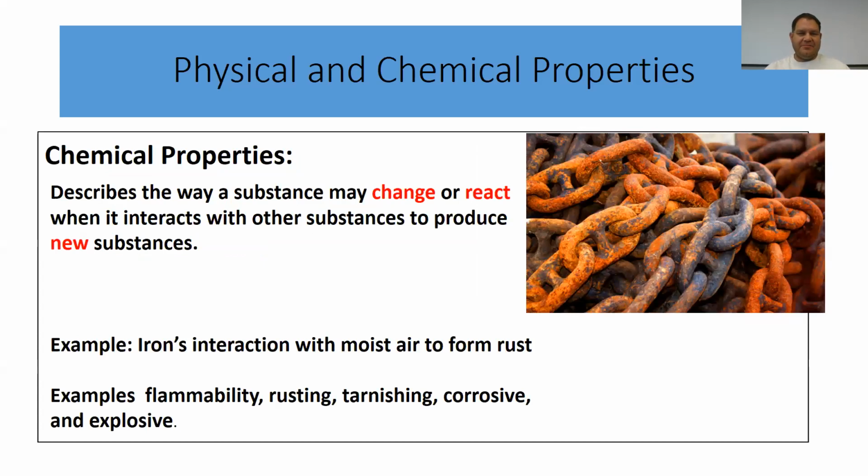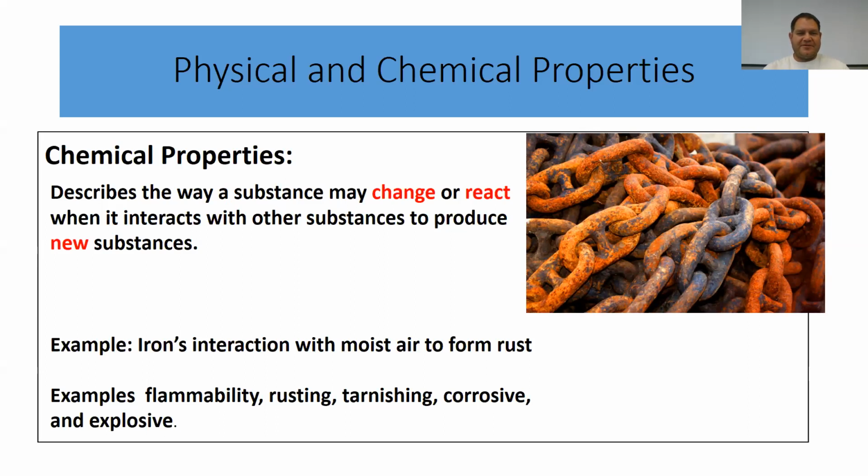Contrast that with chemical properties. We can think of a chemical property as a specific property that is unique to a material on how it interacts or reacts or changes when it's mixed with something or when it comes in contact with something.